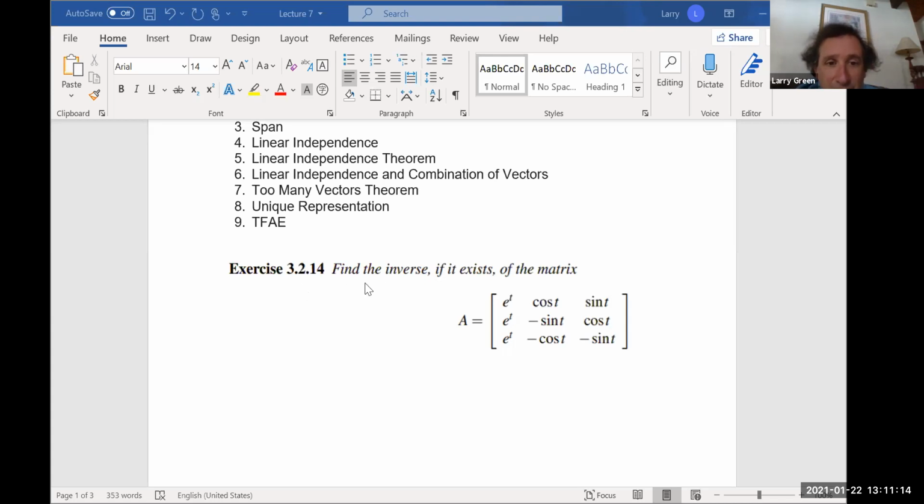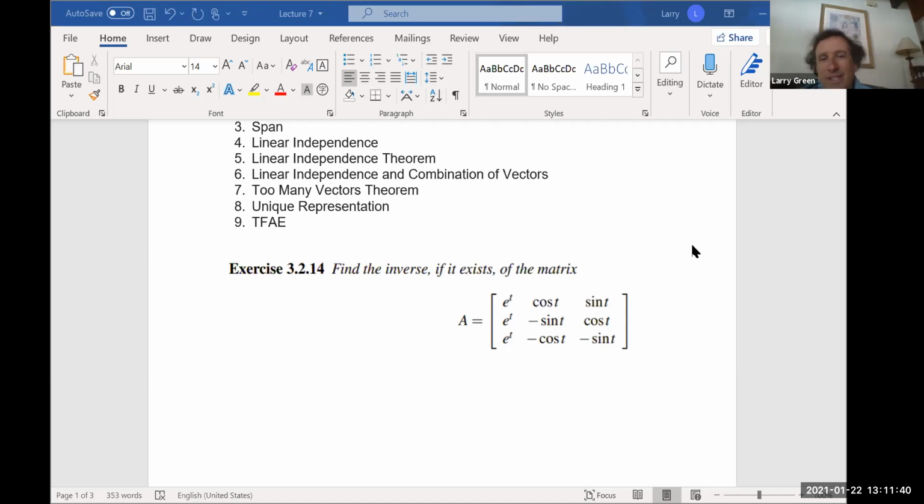So the question is, find the inverse if it exists of this matrix. We have e to the t, cosine t, sine t; e to the t, negative sine t, cosine t; e to the t, negative cosine t, negative sine t. Just a note, the book doesn't say this, but there's a name for this kind of matrix. Do you remember what it is? I talked about it a couple days ago.